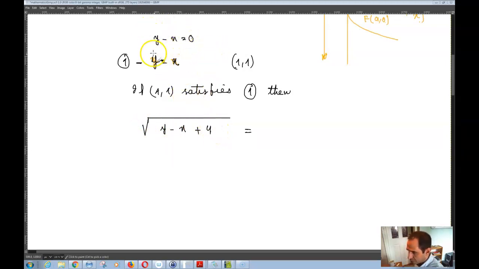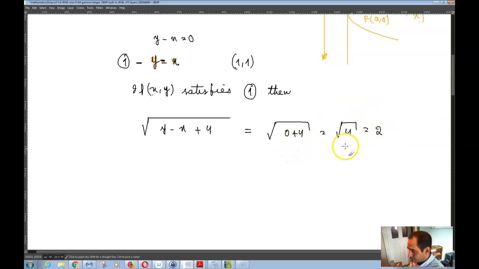But over here I know that y minus x is equal to 0, and of course here I should say x and y. Now if x and y satisfy this equation, very simply I can substitute x minus y as 0 over here, and I can write it as 0 plus 4, which is equal to the square root of 4, which is equal to 2.